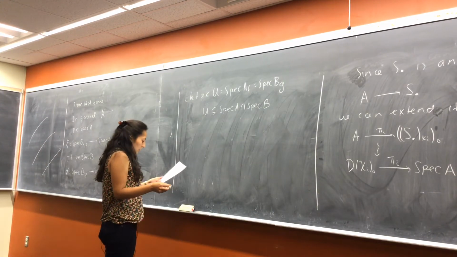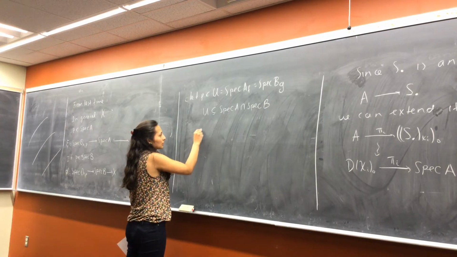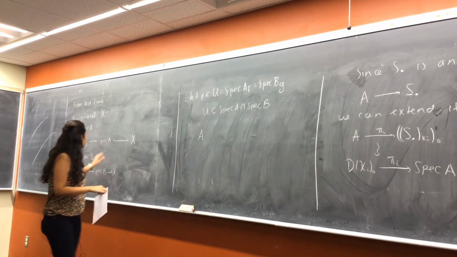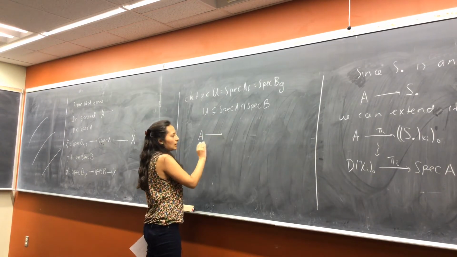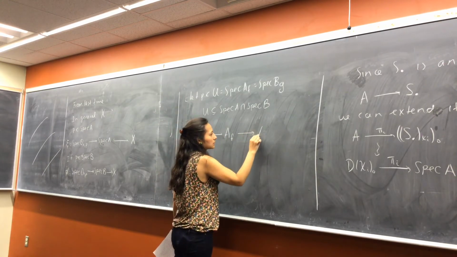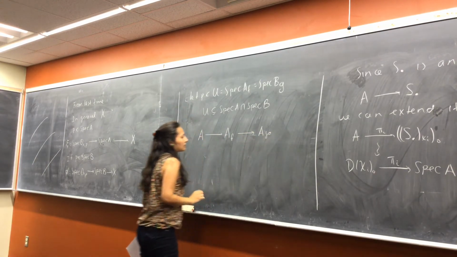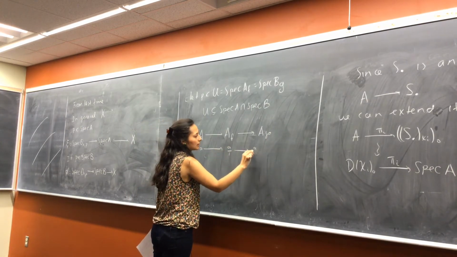Okay, so with this construction, to define this map here, we use the localization of A at the prime ideal, but we can factor that map through this one. Just take your element a and think a over 1, and then a over 1.